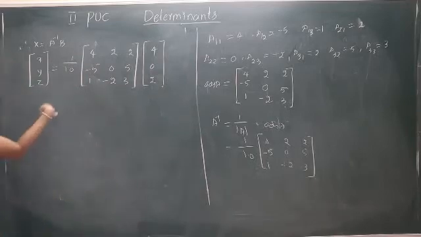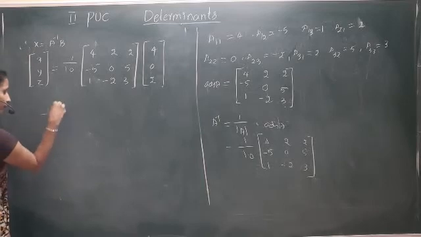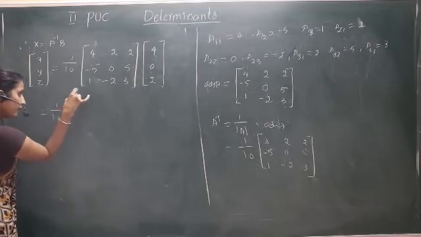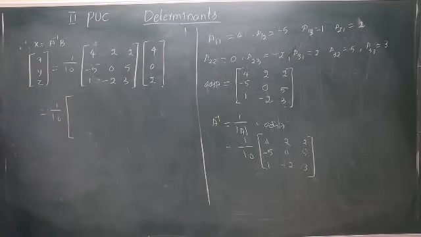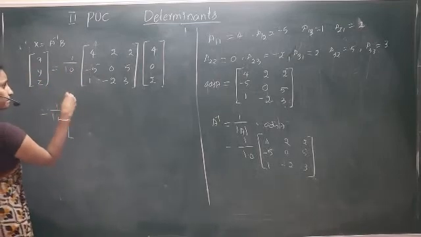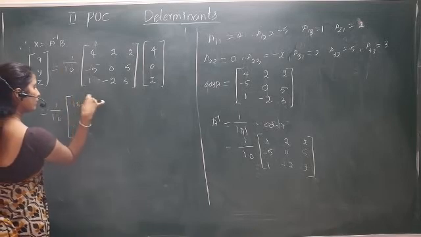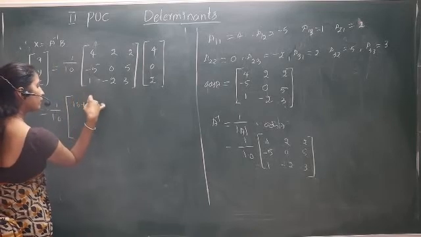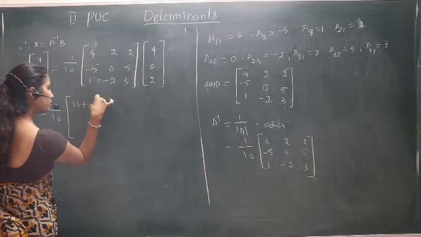So this will be equal to 1 by 10. As it is, you keep it now, later you can simplify. So 4 into 4 is 16. First row, 2 into 0 is 0, 2 into 2 is 4.